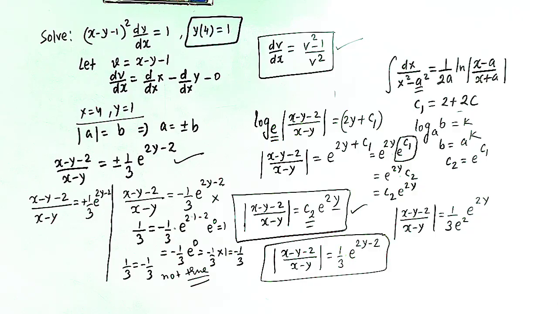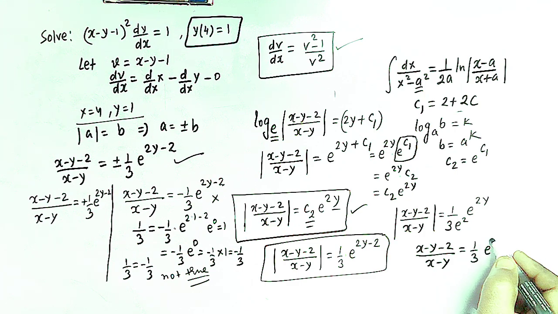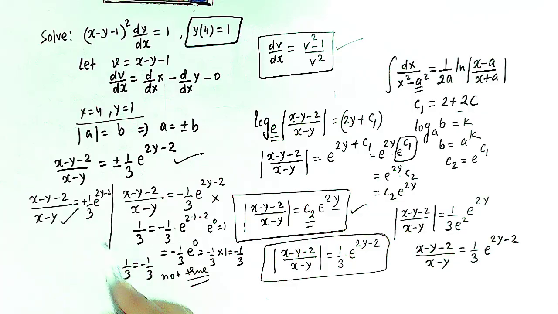So the particular solution of this differential equation can now be written as x minus y minus 2 over x minus y is equal to 1 over 3 e raised to 2y minus 2 from this statement.